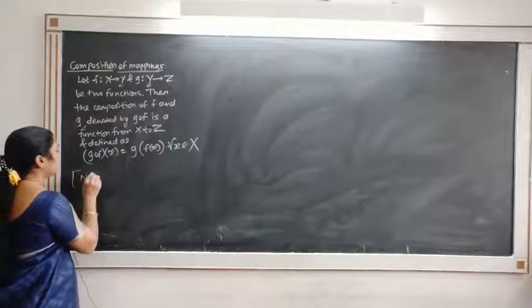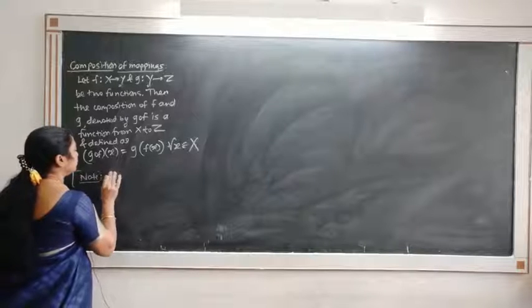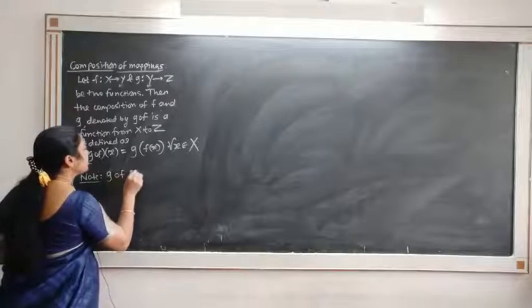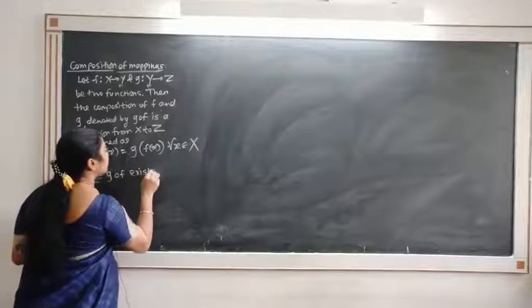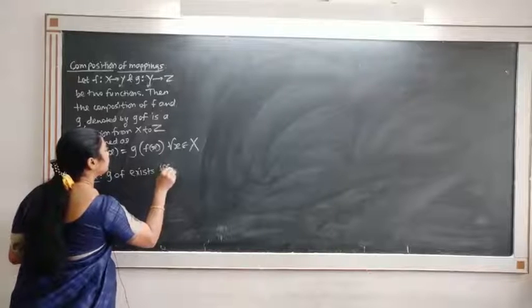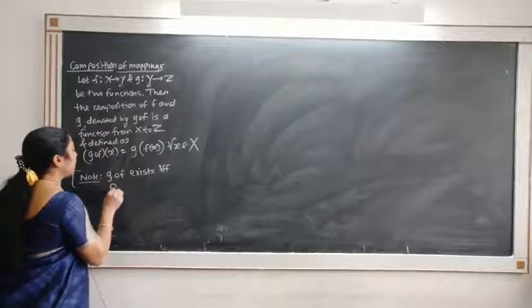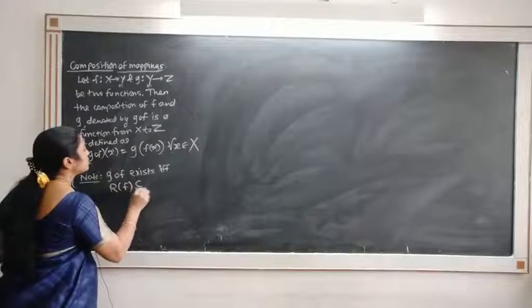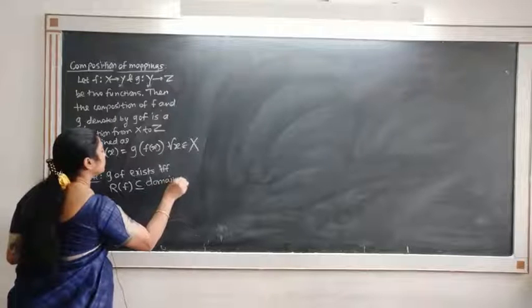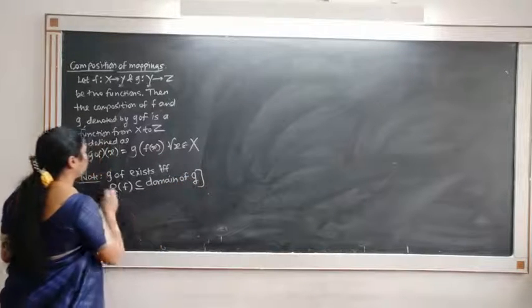So note that g composite f exists if and only if the range of f is a subset of the domain of g.